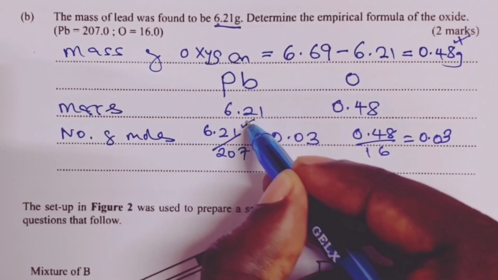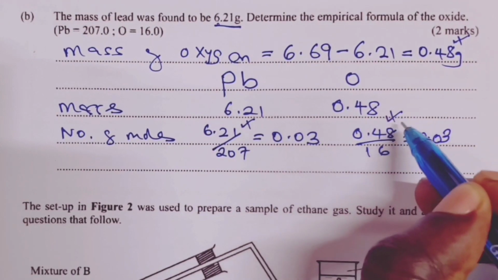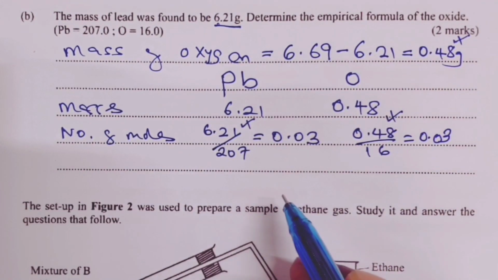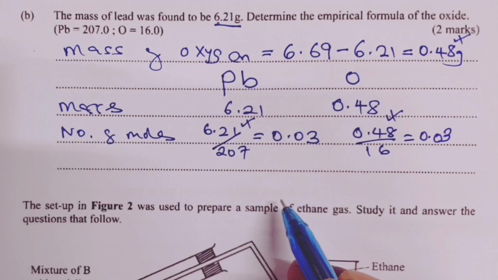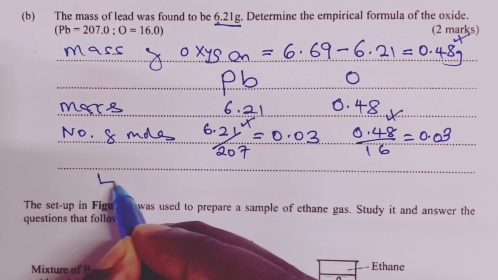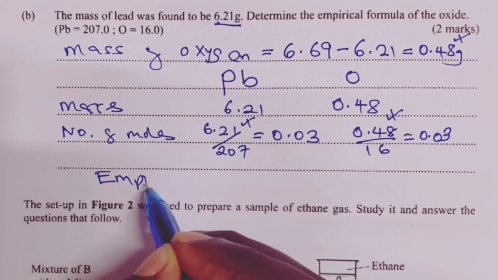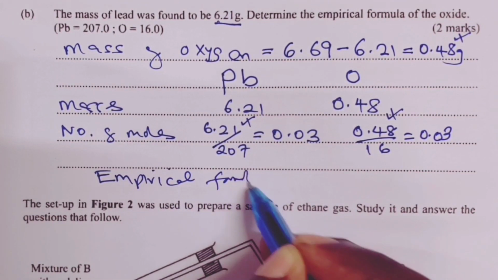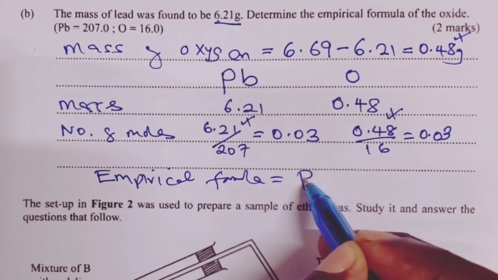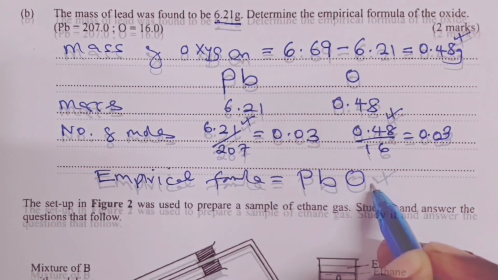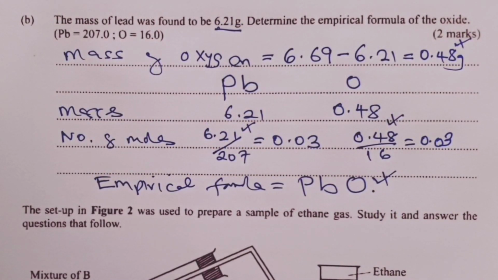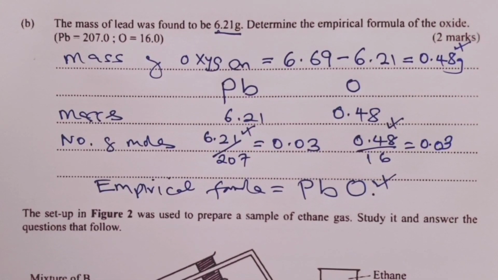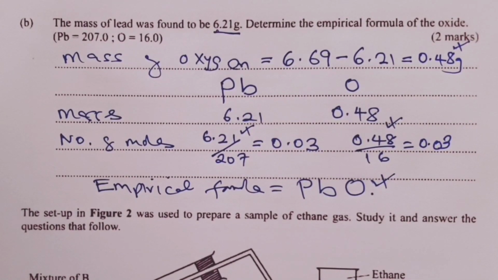Half a mark for the division there, a half a mark for the other division, and we can see here mole ratio is 1:1, and that would mean that our empirical formula is lead oxide. For the last half mark, giving a total of 2 marks.